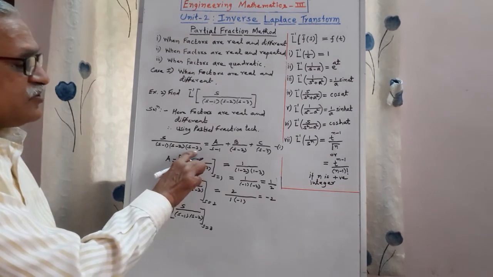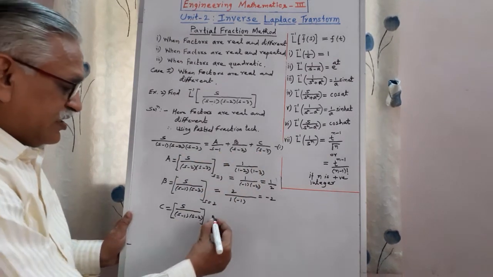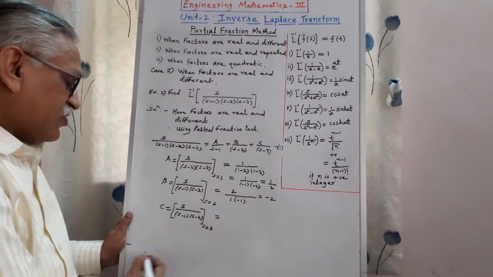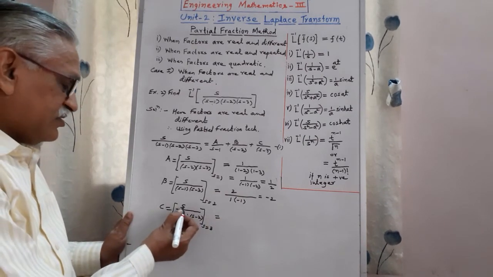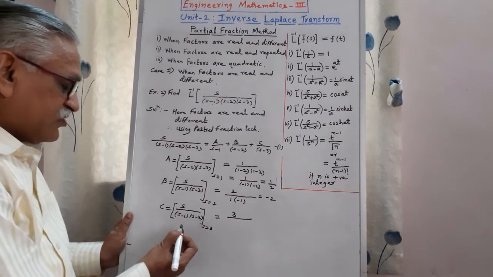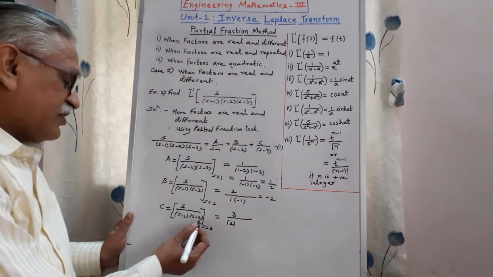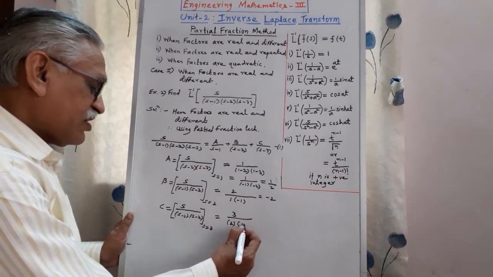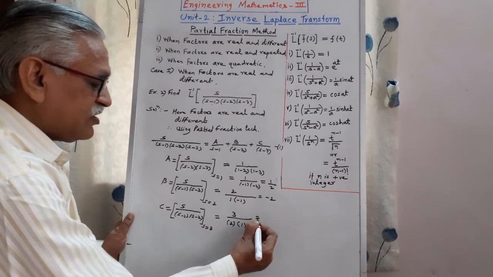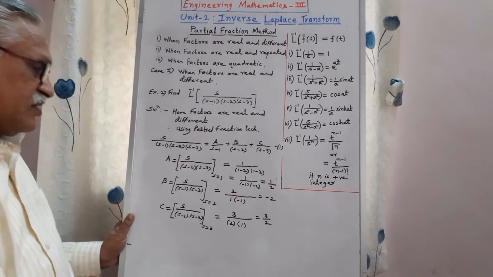Equating this term to 0, we get s equals 3, and therefore C equals 3 here, 3 minus 1 we get 2, and 3 minus 2 we get 1, and if we simplify it, it is 3 by 2.